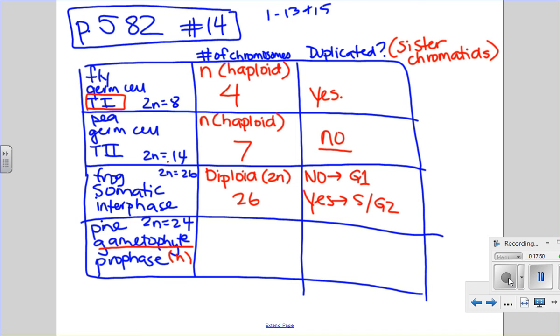It's in prophase of mitosis, so I haven't changed the number of chromosomes that it has. So I would say it's N, it's haploid, which means it would have 12. Now, are they duplicated? Yes, because we're in mitosis, and chromosomes always get an additional copy of themselves that's identical, made before mitosis happens.